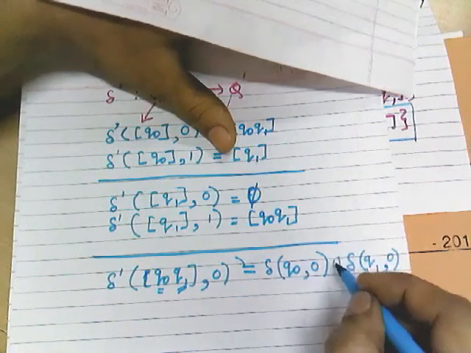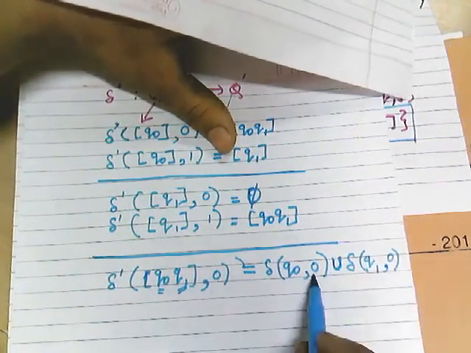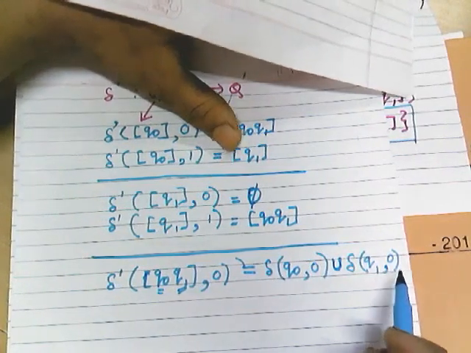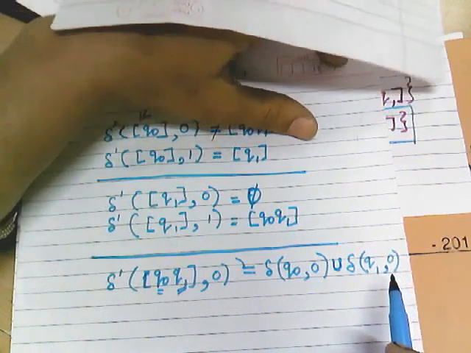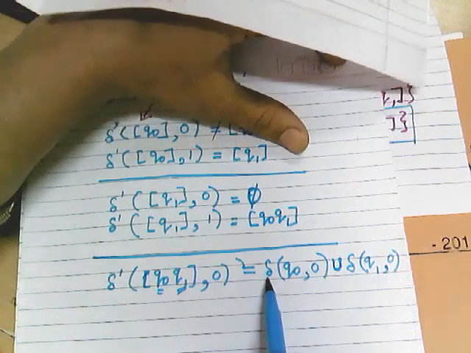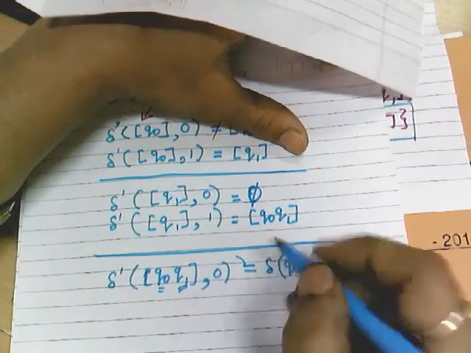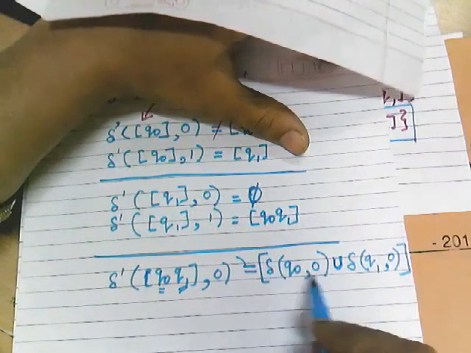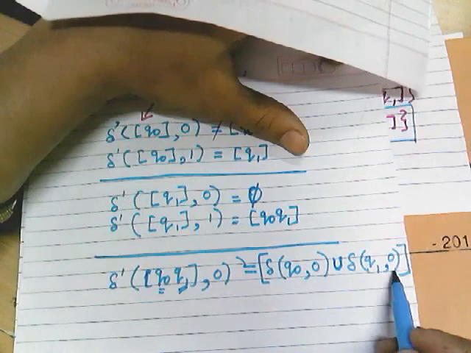So you have to take q0 comma 0 and q1 comma 0. Now see here what is written. I have written delta, I have not written delta dash. So whatever is my delta q0 value is to be unioned with the delta q1 0 value.